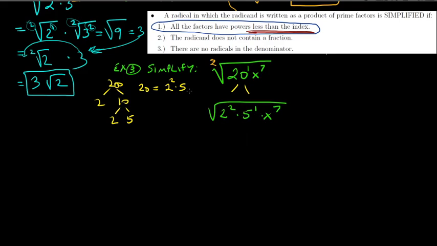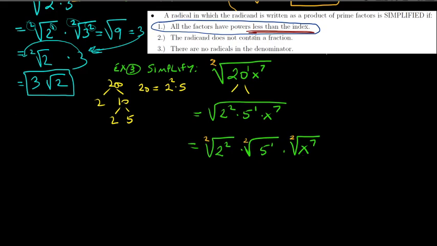Make sense? Well, because it's a product, you're allowed to split those up. This is the square root of 2 squared times the square root of 5 to the 1 times the square root of x to the 7. So remember the index for all of these is 2 because they're square roots.